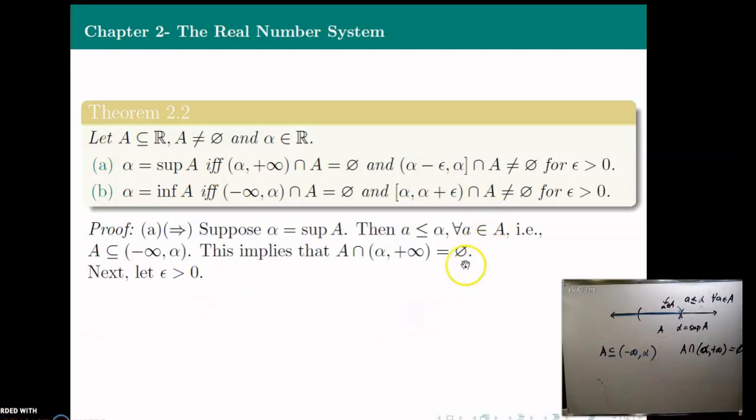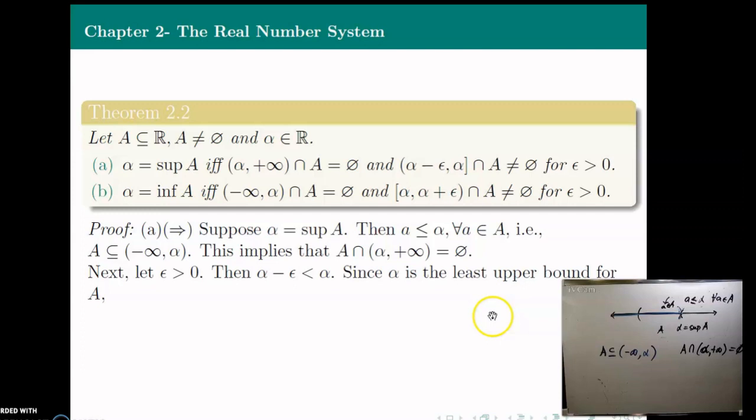Next, by the way, we have shown this, and then for the next, for any epsilon greater than 0, so we let epsilon greater than 0, then, of course, since this is greater than 0, if we subtract it from alpha, this is less than alpha.